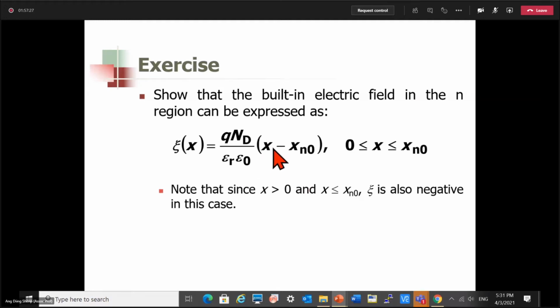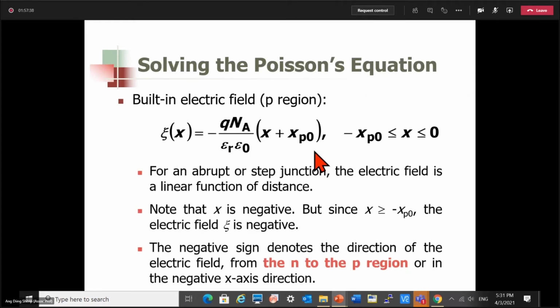When you put x equals 0, the electric field based on this equation would be qND over permittivity times minus xn naught. But if you put x equals 0 in the other equation, the electric field will be minus qNA over permittivity times xp naught. They don't seem to be the same.